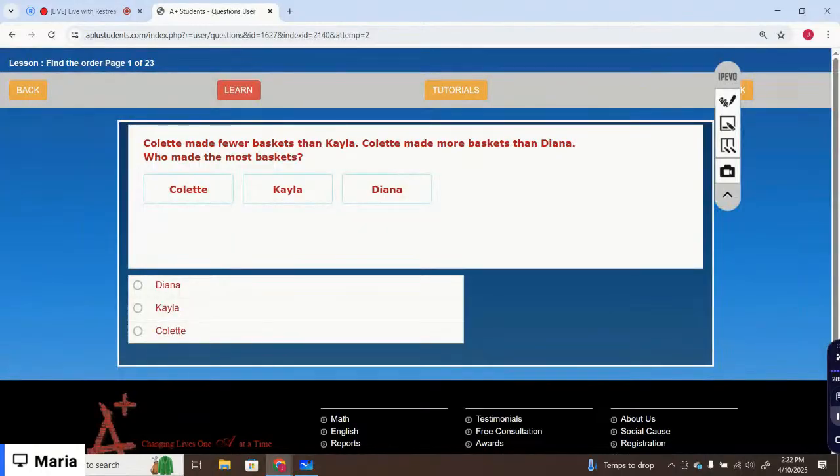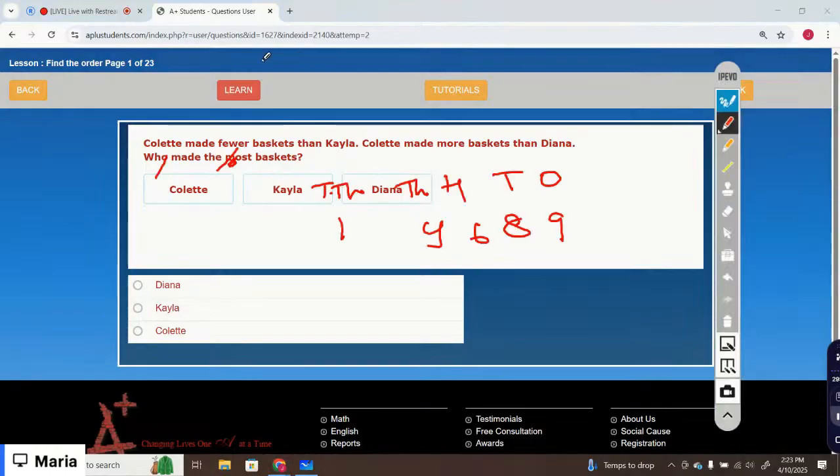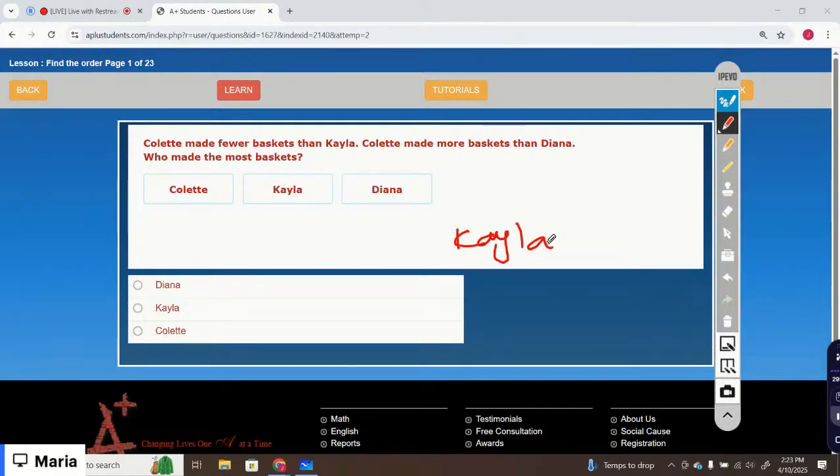Khalid made fewer baskets than Kayla. Khalid made more baskets than Diana. Who made the most baskets? Okay, so Khalid made fewer baskets than Kayla, so Kayla made more. And Khalid made more baskets than Diana.